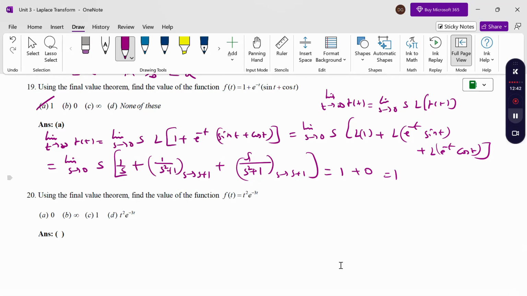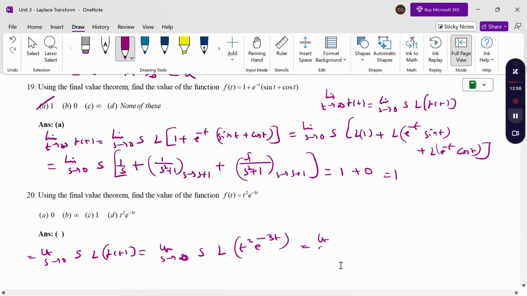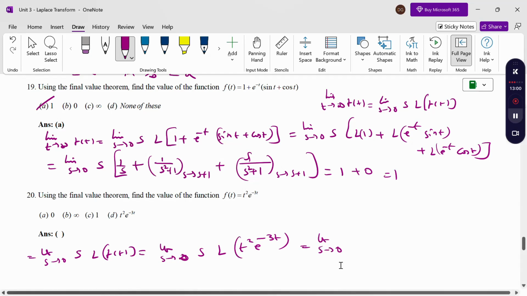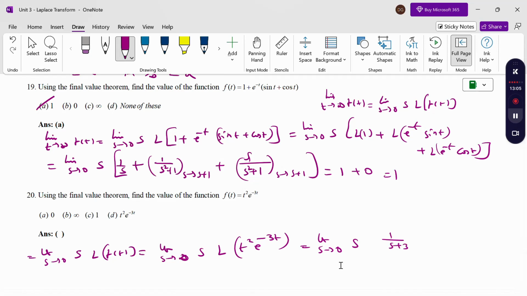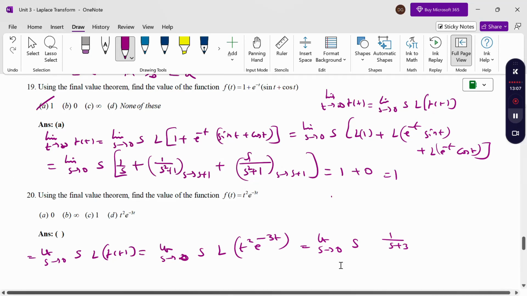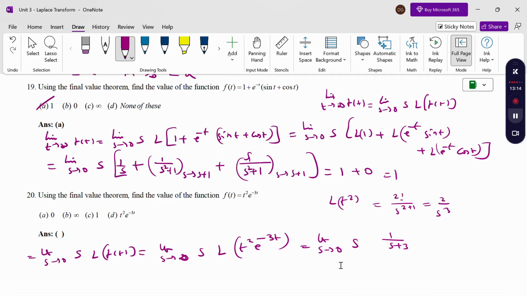Limit s tends to 0 s into L of f of t. Therefore limit s tends to 0 s into L of t square e power minus 3t. Limit s tends to 0 s into 1 by s plus 3, so into t square, and L of t square equals 2 factorial by s power 2 plus 1, so 2 by s cube.